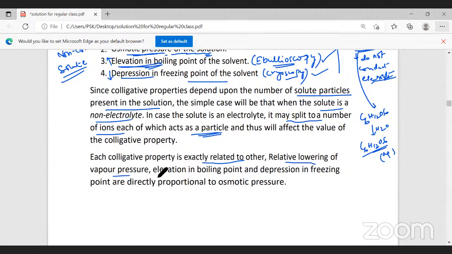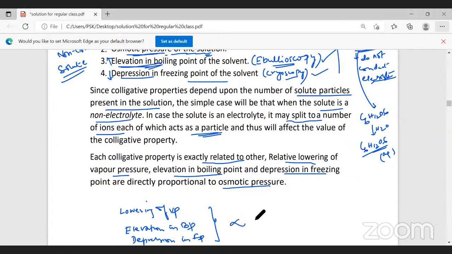Relative lowering of vapor pressure, elevation in boiling point, and depression in freezing point are all directly proportional to osmotic pressure. I'll give the mathematical representation for all this in the next few minutes.